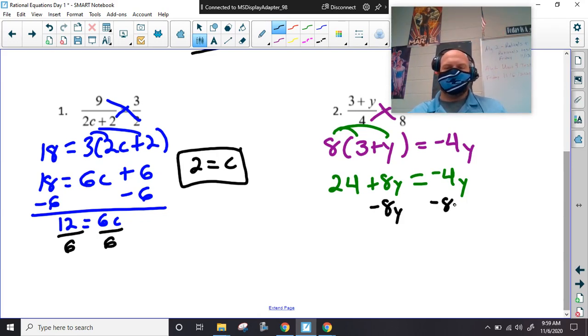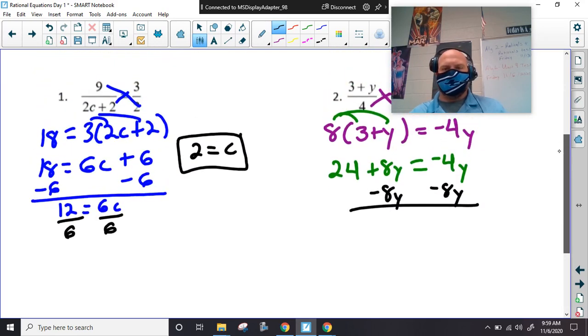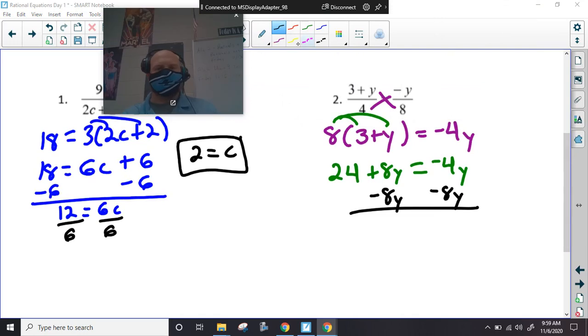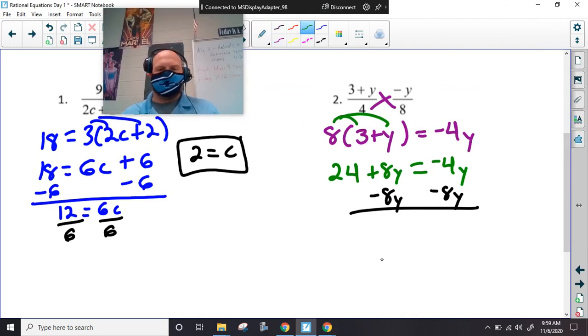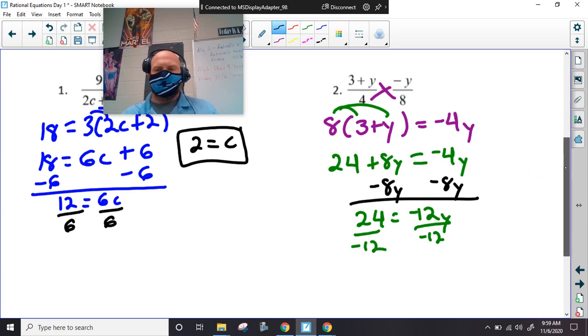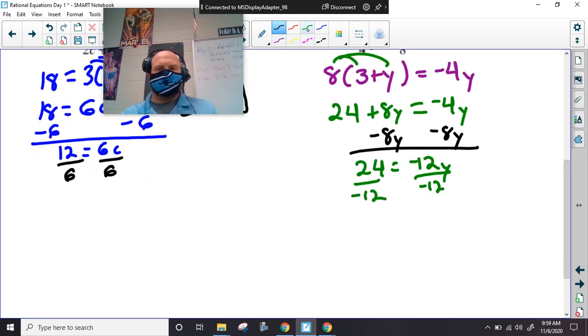It gets to be a little bit more than what we're doing now. Okay. And we end up getting, what is this? Negative 2 equals y.